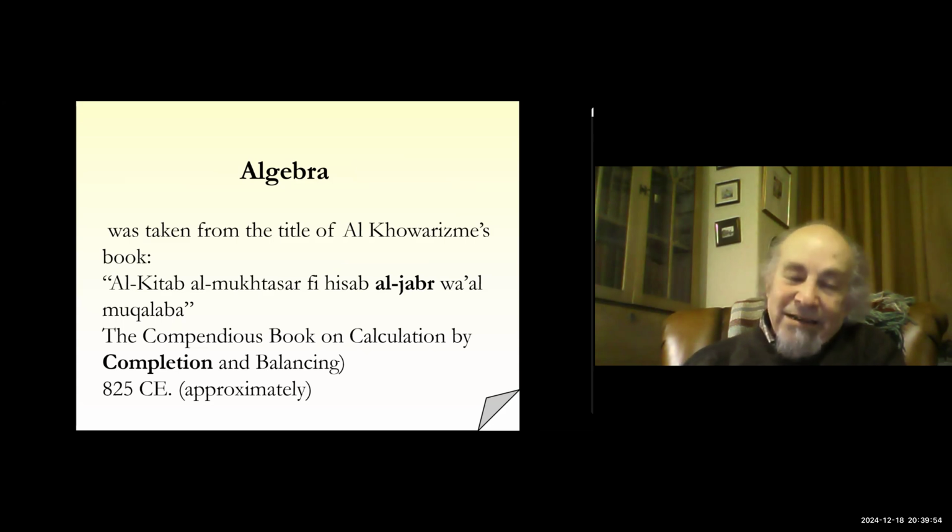The title was in Arabic, and here you see in part of that translation the compendious book on calculation by completion and balancing. Completion, similar to completing the square, is Al-Jabr, and it's taken from that that became what we now have as algebra and took the name of the whole topic.